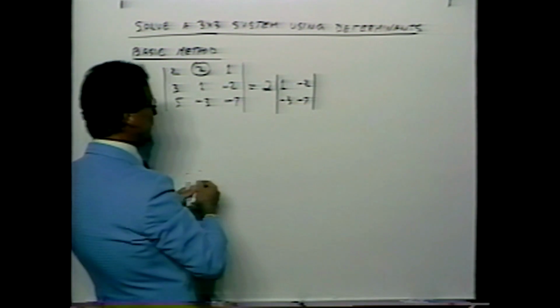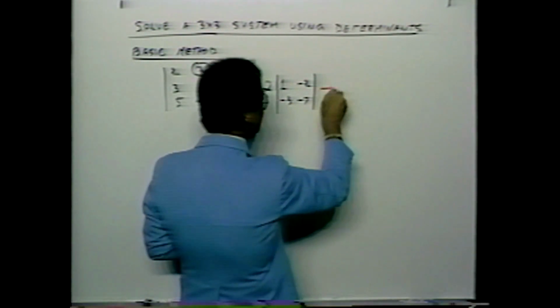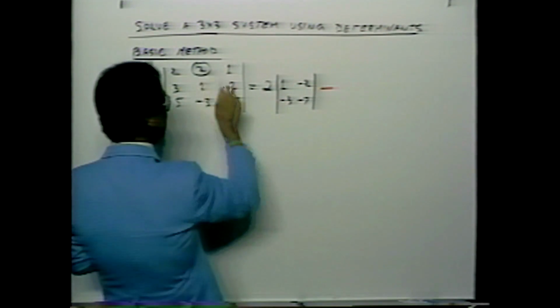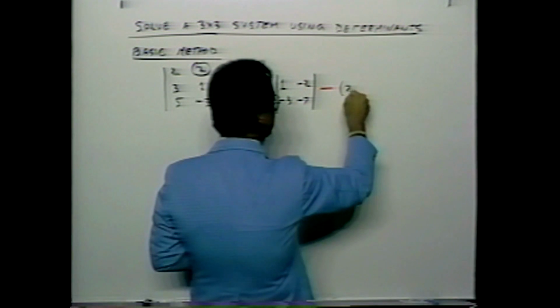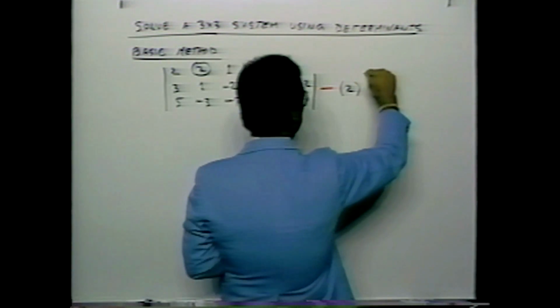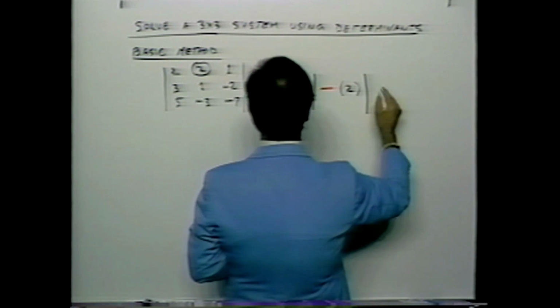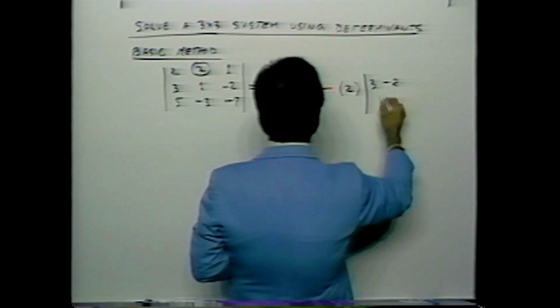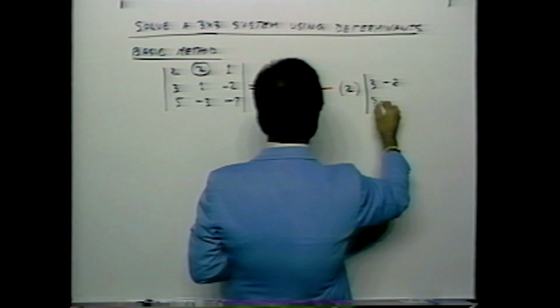But one other thing you have to remember is that you have to put a negative sign in front of that 2. So the 2 is going to be multiplied by the determinant 3, negative 2, 5, negative 7.